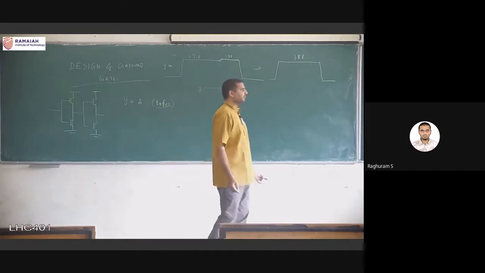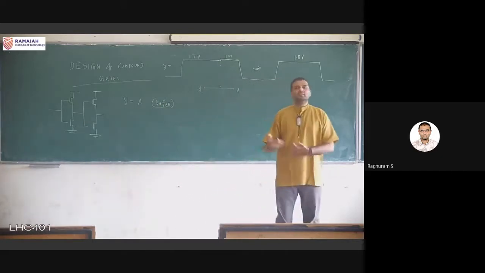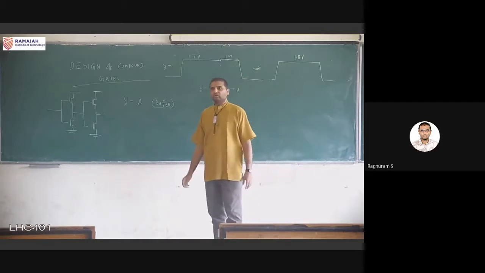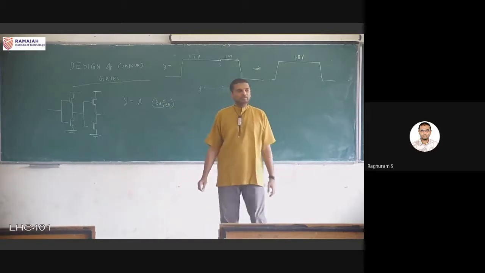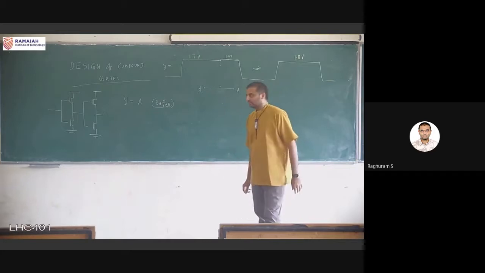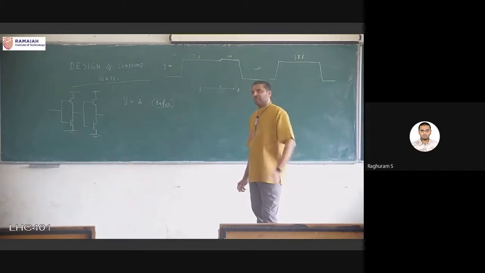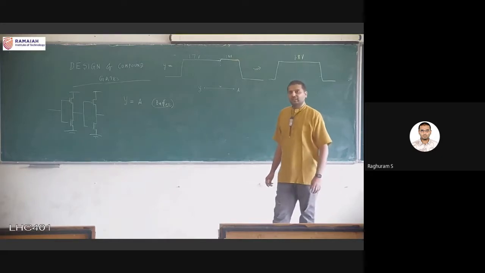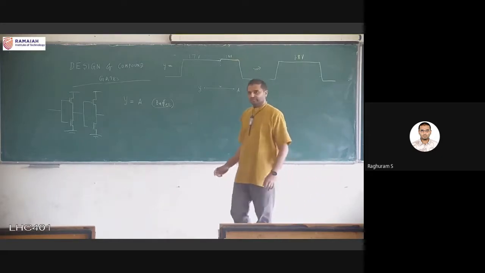So the imperfect value gets perfected, and this is also an example of a particular circuit called a buffer, and we'll discuss more about this because buffer is very important, especially since we also discussed in terms of practical job descriptions in the VLSI domain.